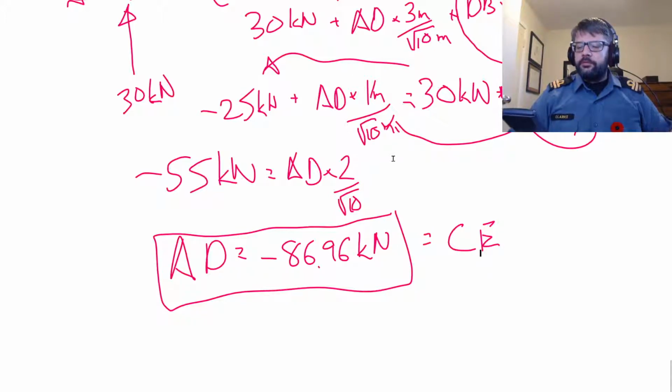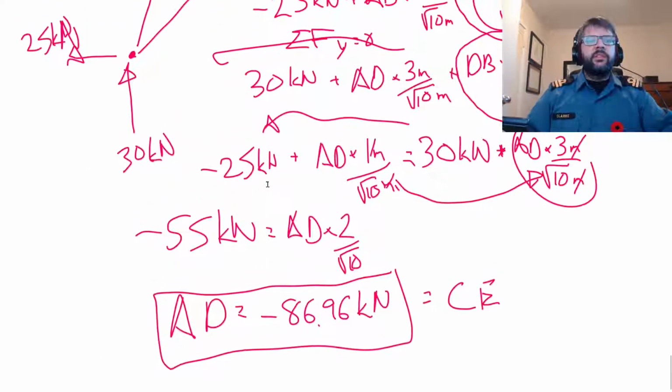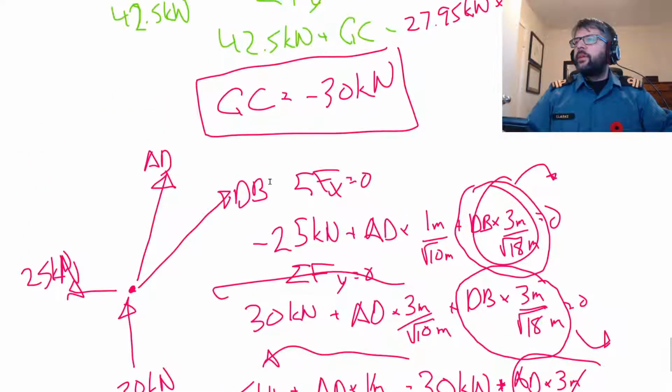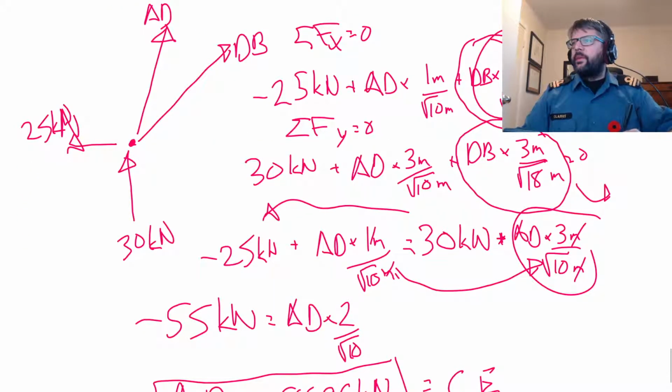So we're left with that. Now that we know our AD, we can solve for what our DB is relatively simply. We've got two equations up here we could use.